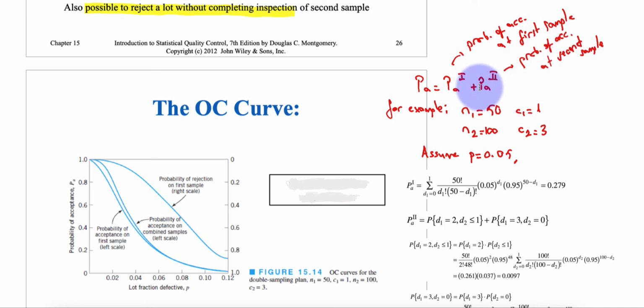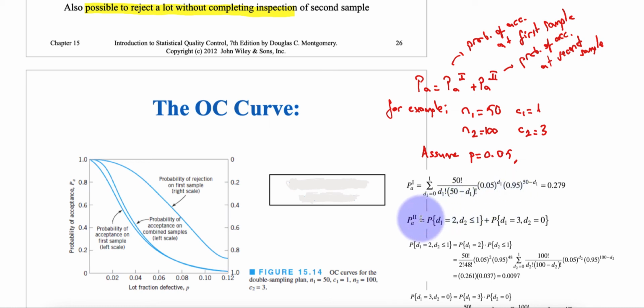For the first sample, we calculate the probability of acceptance with the D1 values, and we use the C1 value. In this example C1 is 1, so we consider the defective units when they are equal to 0 or 1. We use the binomial cumulative distribution formulation.